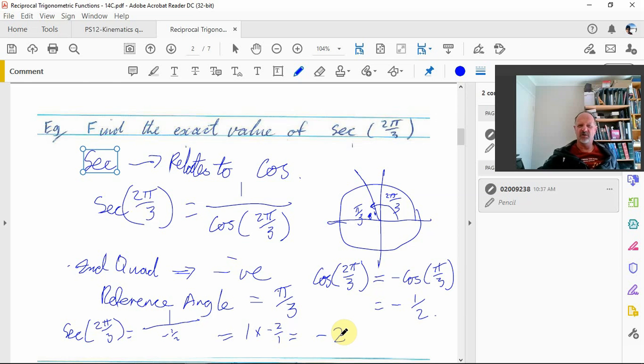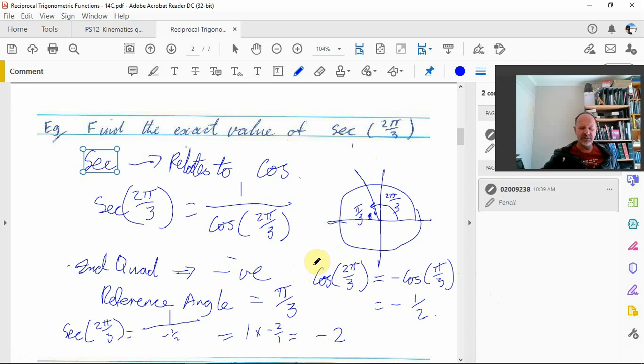So the sec of 2 pi on 3 is negative 2. All right. So that's how we can use our exact values from our sine, cos, and tan to help us find sec, cosec, cot.